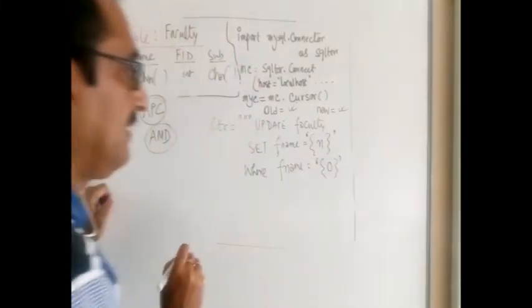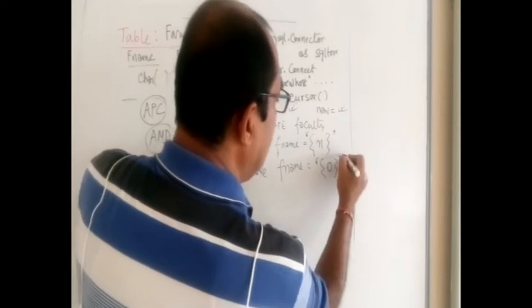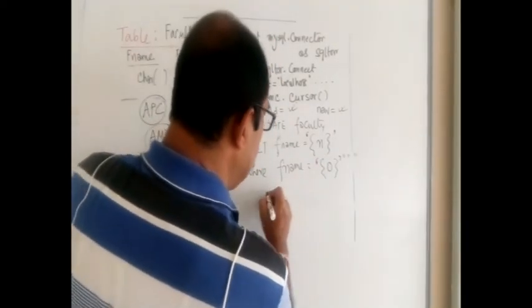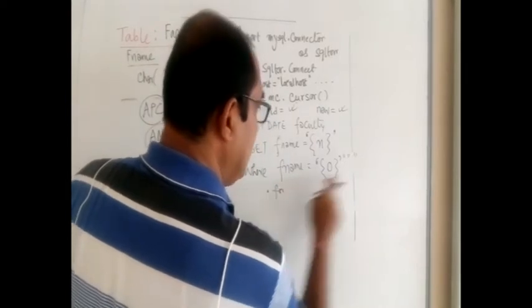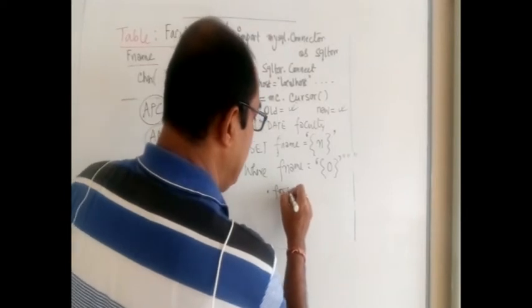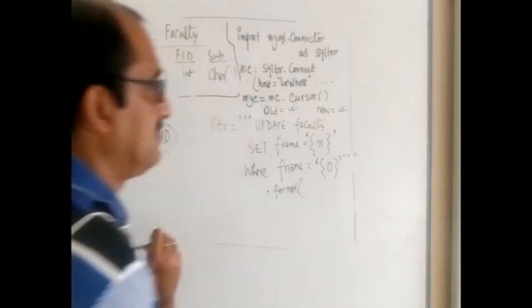Again I maintained the same rule and I wrote here O. This is the command. When the command gets over, I put my triple quotes back and I wrote this dot format here only. There's no space here.